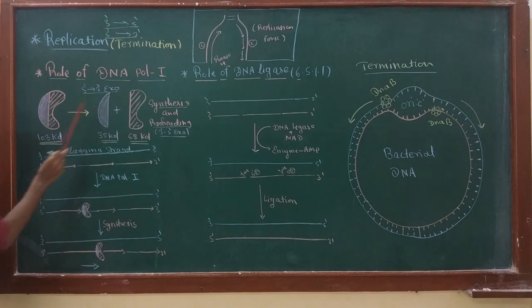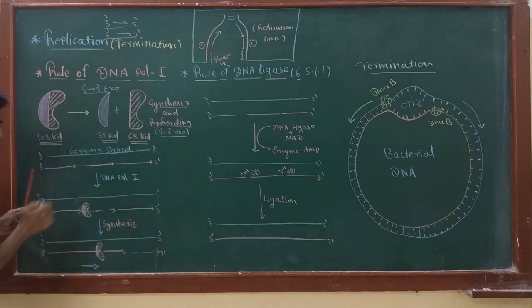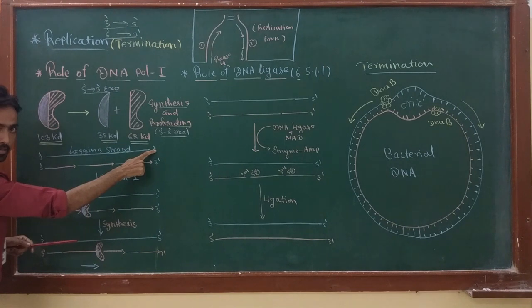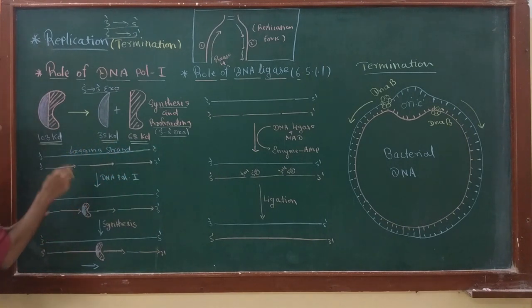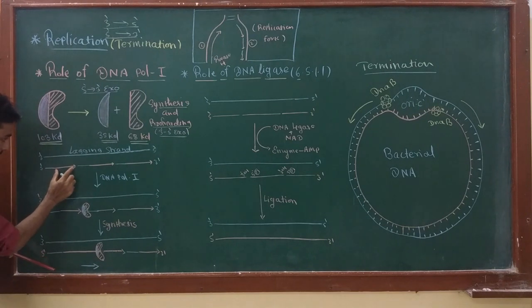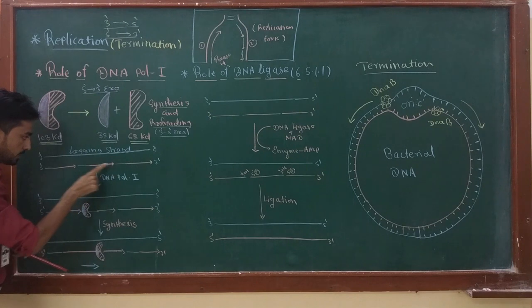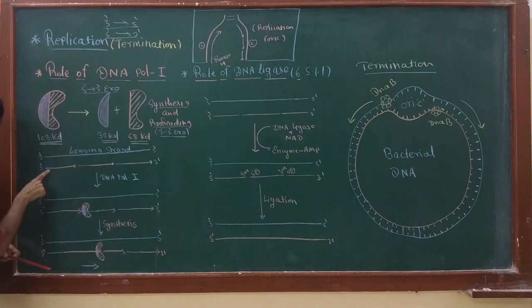Now, how does this enzyme act? The main role of DNA polymerase 1 is on the lagging strand. So this is a lagging strand which runs in the 3' to 5' direction, for example. On the lagging strand, at the end of elongation, you are going to get a number of DNA fragments, and at the start of each DNA fragment there is a primer, and this primer is an RNA primer.